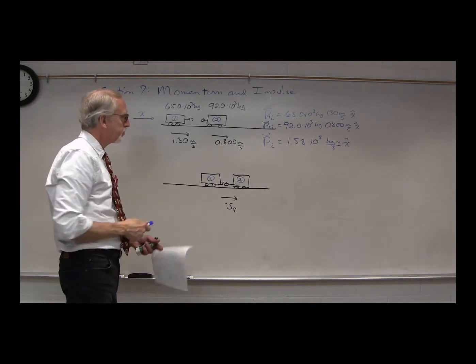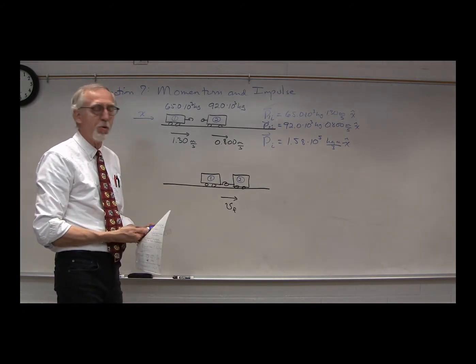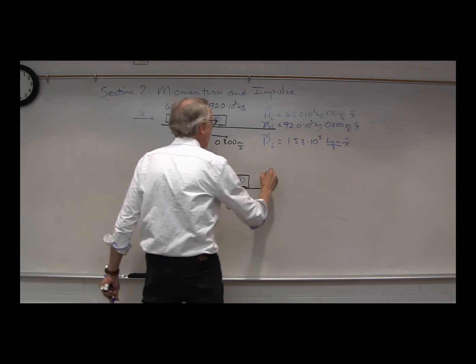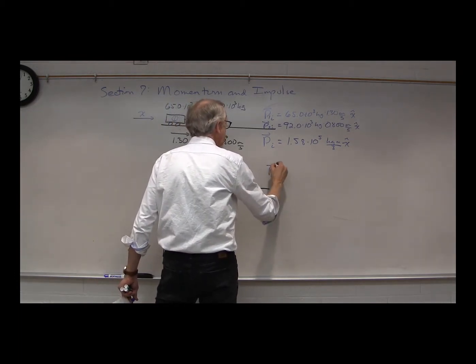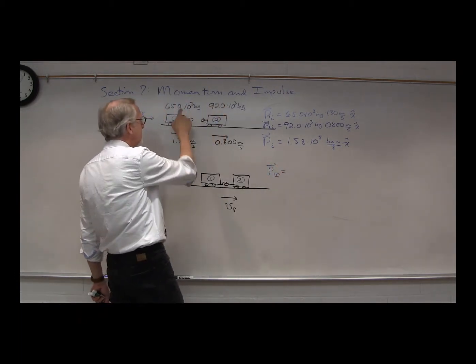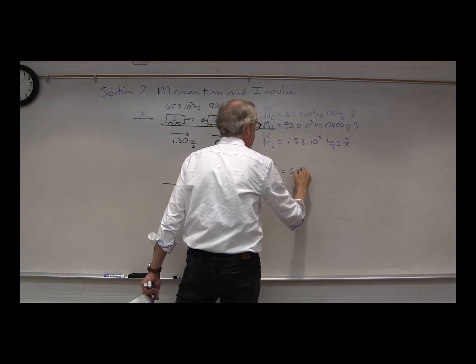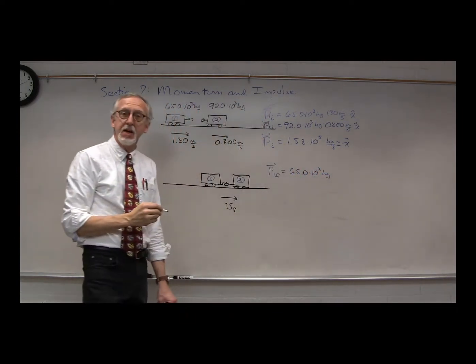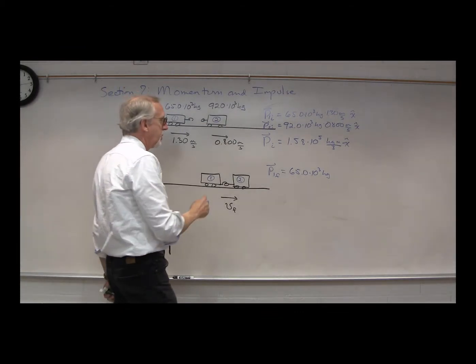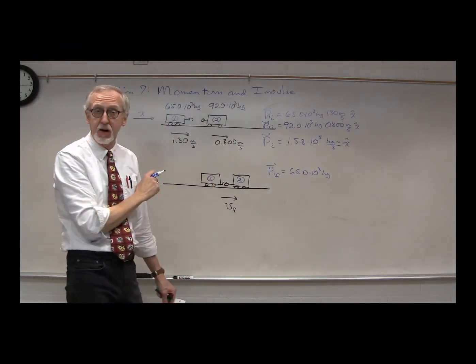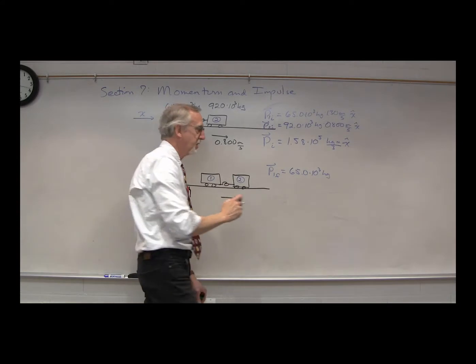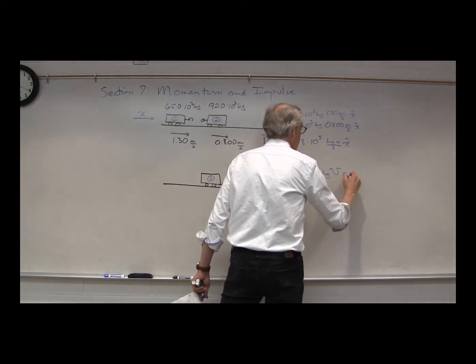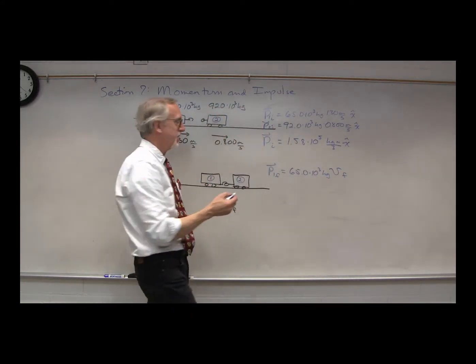Let's figure out what the final total momentum is. So we have P1 final is equal to the same mass, 65 times 10 to the 3 kilograms, times, what's the speed of train car 1? Well, V final. And again, that's in the x hat direction.